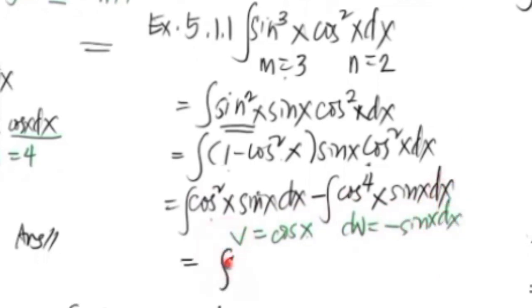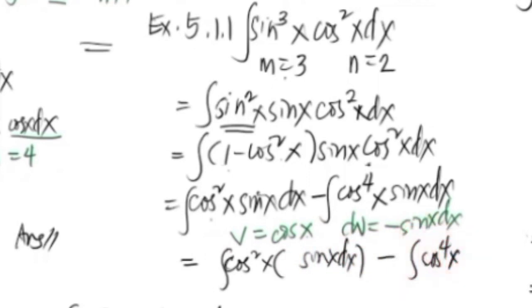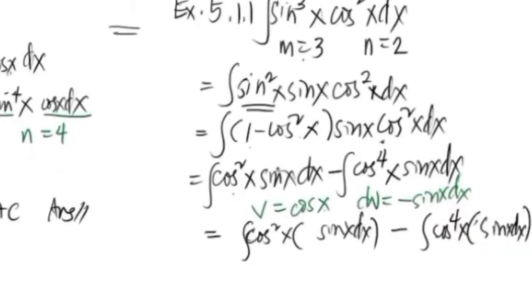So we would have the integral of cosine squared x sine x dx minus the integral of cosine to the fourth x sine x dx. Since the derivative of cosine is negative sine x dx, we have to multiply negative here and then negative sa labas. So the same dito, we multiply negative here and negative sa labas.